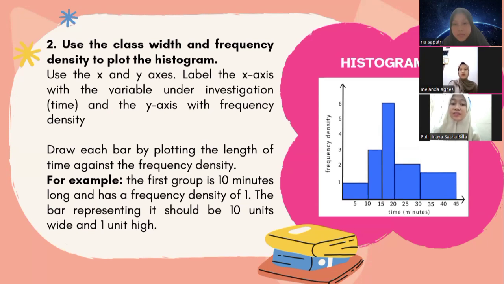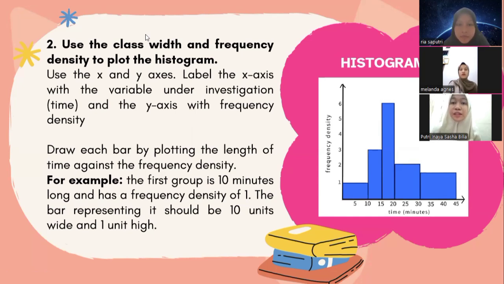Next, use the class width and frequency density to plot the histogram. Use the x and y axes. Label the x-axis with the variable under investigation, or time, and the y-axis with frequency density. Draw each bar by plotting the length of time against the frequency density.